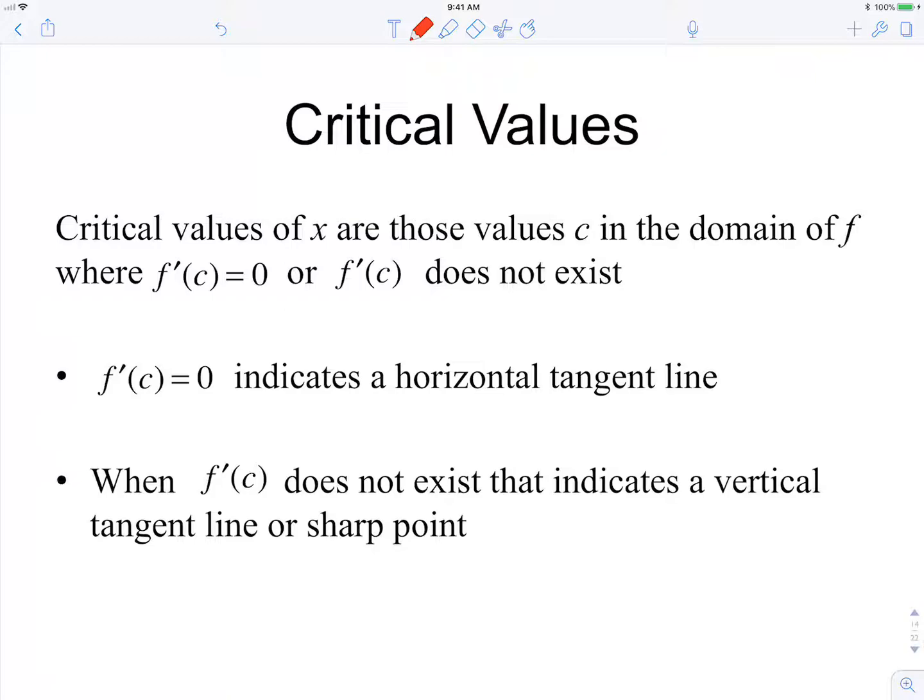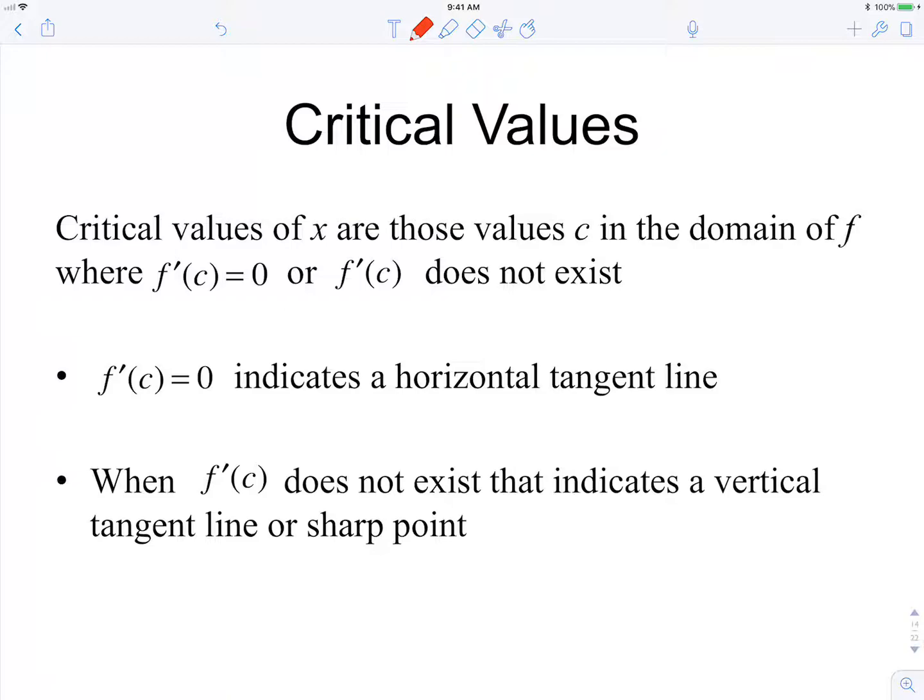Okay, so critical values of x are the values of c in the domain of f such that f prime of c is equal to 0 or f prime of c does not exist. Okay, we just talked about this. Now, super important, c has to be in the domain. So when you're looking for critical values of a function, you take the derivative and you solve for where the derivative is equal to 0, but also for where the derivative is undefined.